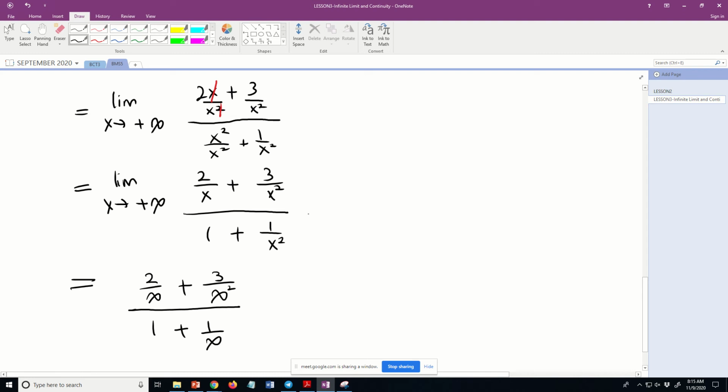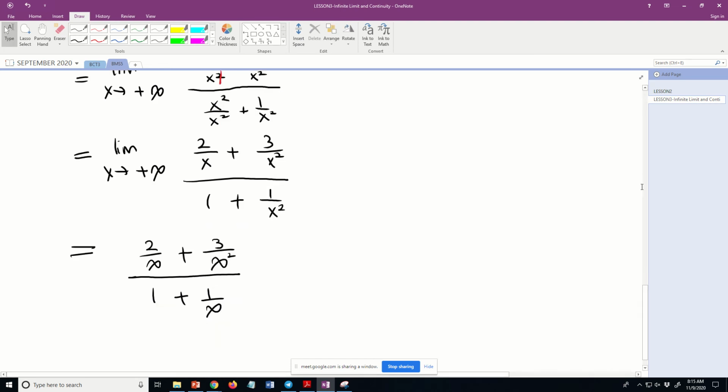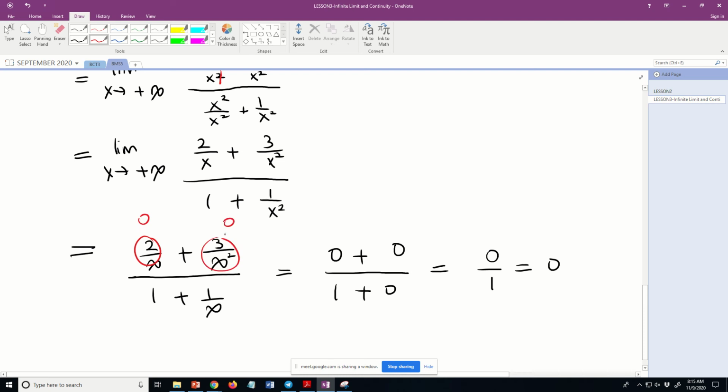So when I substitute, then I can get 0. So you get 0 here, plus 0 here, and over 1 plus 0. So finally you'll get 0 over 1. 0 over 1 equals 0. Because this is 0, this is also 0. 0 plus 0 becomes 0.